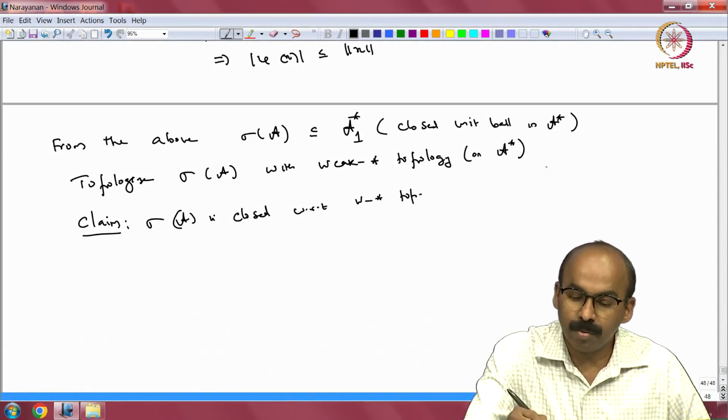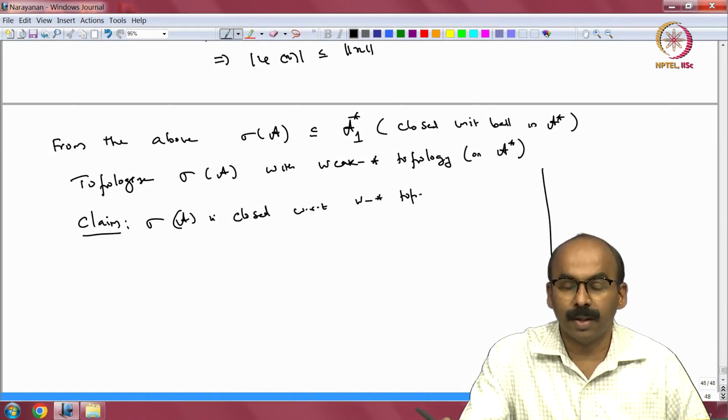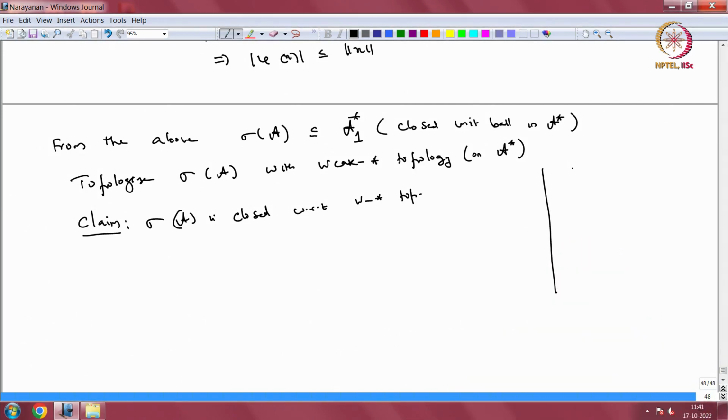Well, what is weak star topology? Let us quickly recall that. If I have a net of linear functionals f alpha in A star, it converges to f in weak star topology if and only if f alpha at x converges to f at x, pointwise convergence, for every x in A.